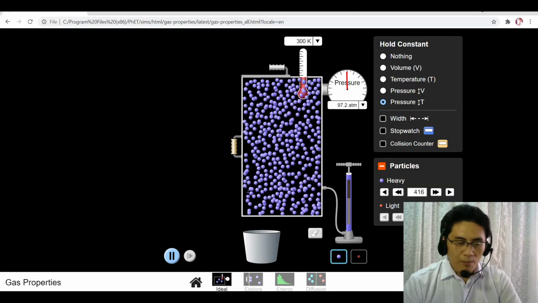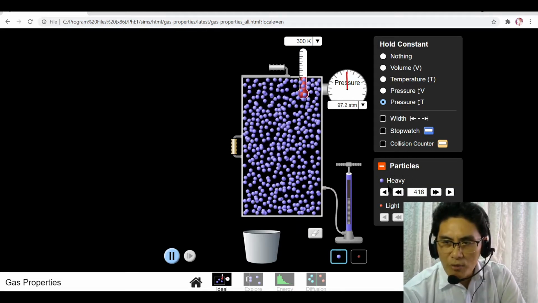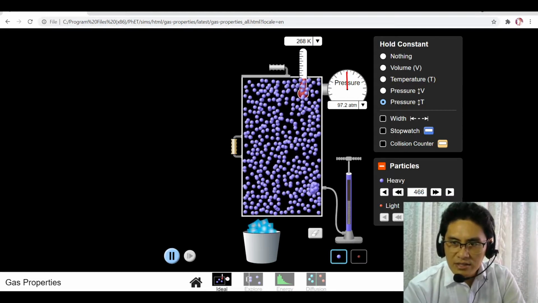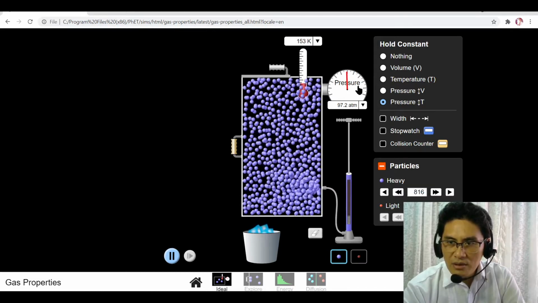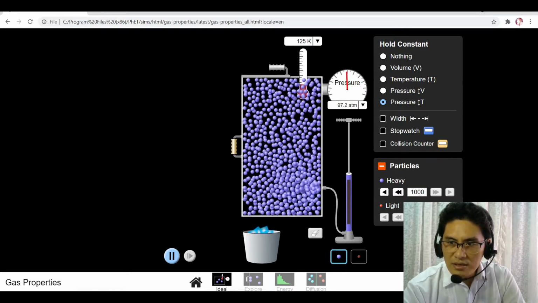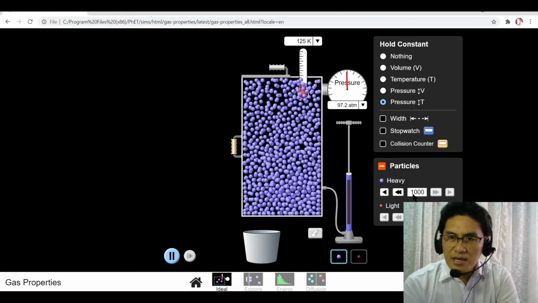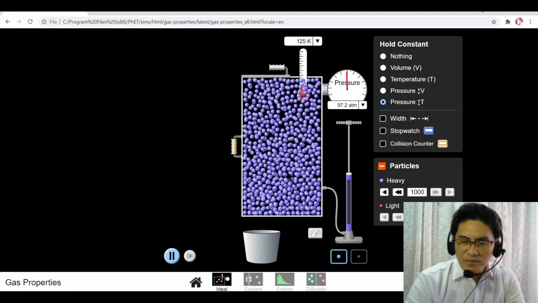Observe the volume, and let's pump in more particles. From 416, let's increase this to 1,000 particles. See? At first you might say, sir, the volume did not change.